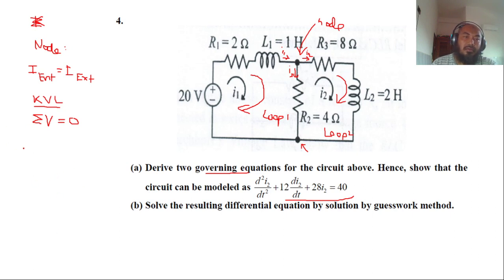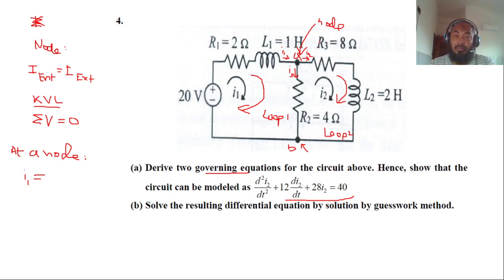Based on this law, we have at this knot, let's say this is A knot and this is B knot. At A knot, the current will be I1 is equal to, based on this direction, up to you.